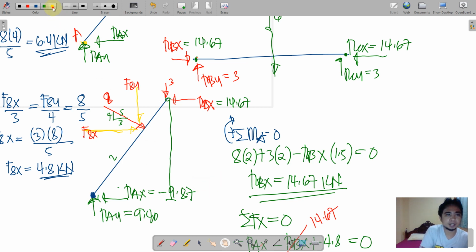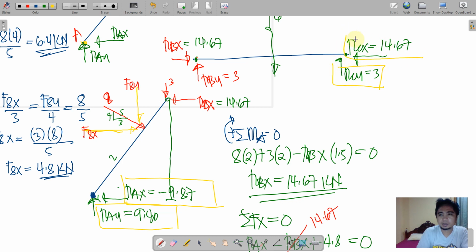I'll just highlight those reactions. We have negative 9.87 RAX, RAY 9.4. We have here RCY and RCX 14.67.